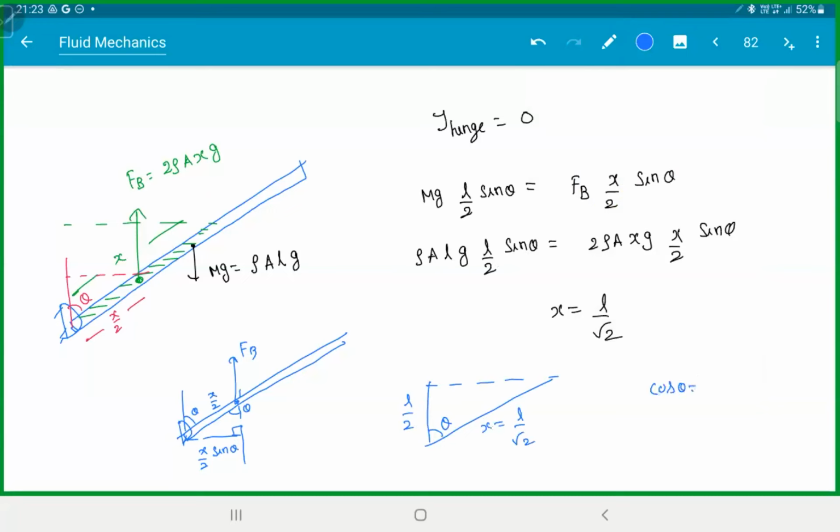Cos theta is 1 by root 2. Theta is 45. Easy? Take the steps. Ask me if you're confused. So basically, the torque due to the buoyant force and the torque due to mg are cancelling out. Torque due to mg is equal to torque due to buoyant force. So they're keeping it from rotating outside.